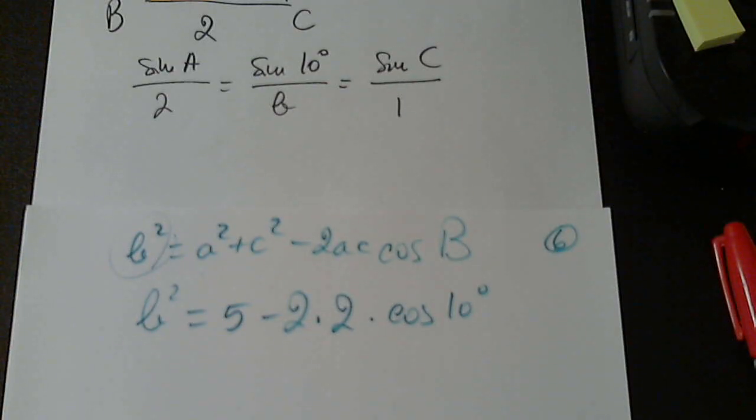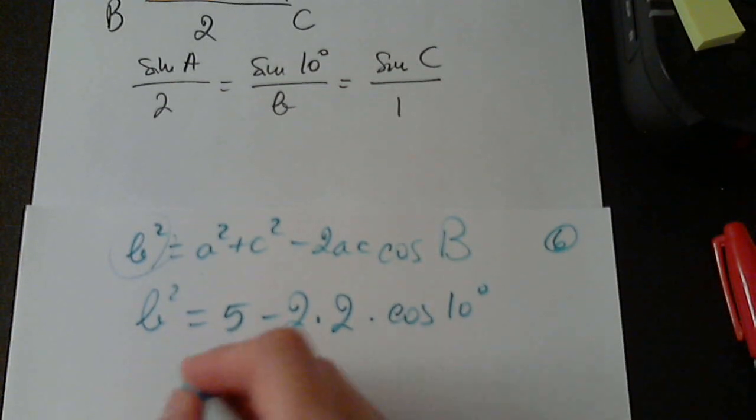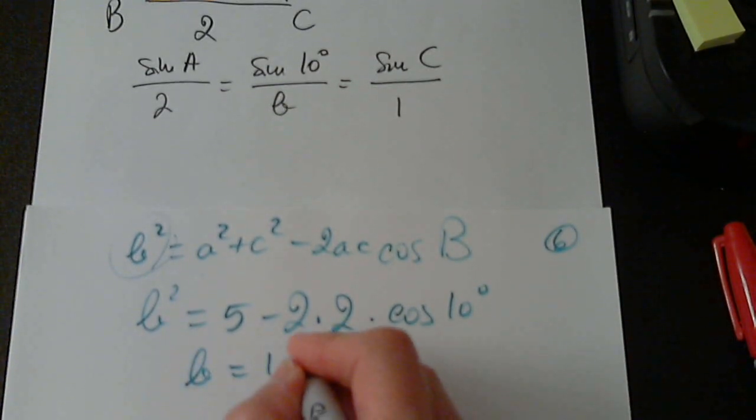So we have 5 minus 4 cosine 10, and then I apply the square root to this previous answer. I got 1.02999. So I'll say b equals 1.03.